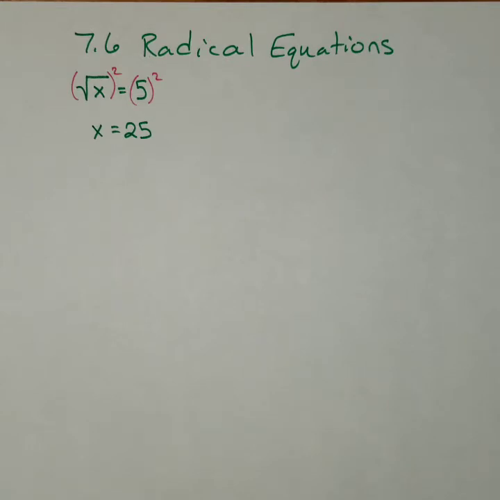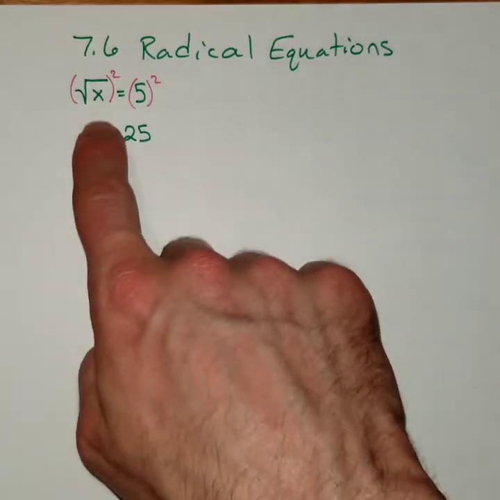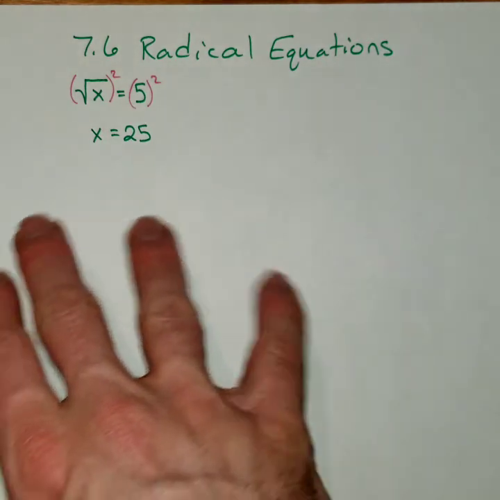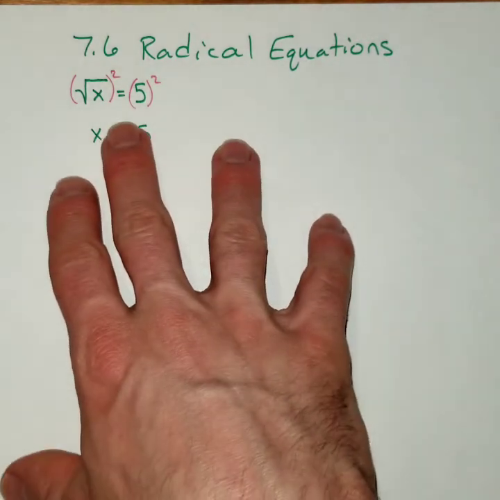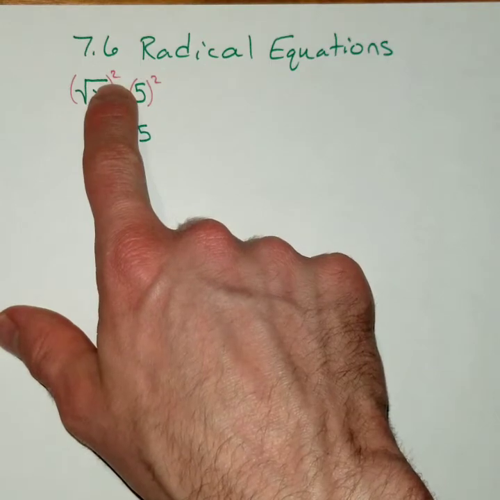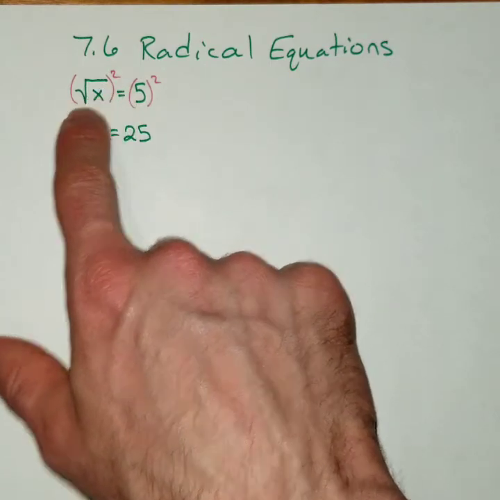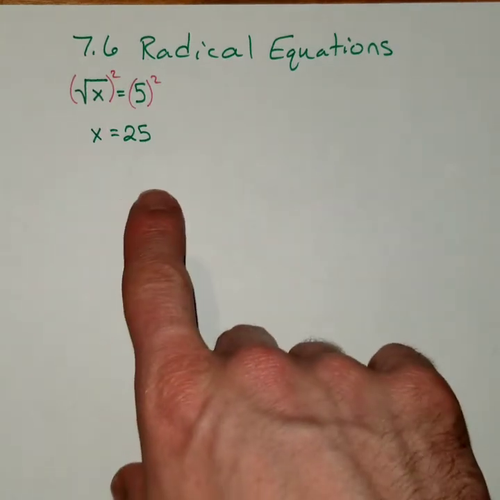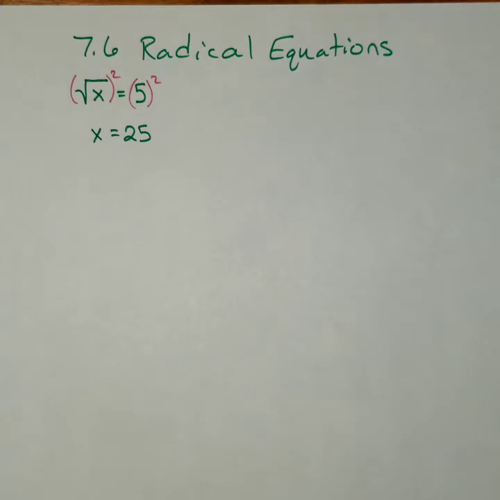It seems like you should be able to do that, because in an equation we tend to say whatever you do to one side you have to do to the other side, right? And that's fine. The problem with radical equations is this: when you square a number, and it could be any number, it doesn't have to be just a root, or square both sides of an equation, you introduce the potential for answers that don't actually work.